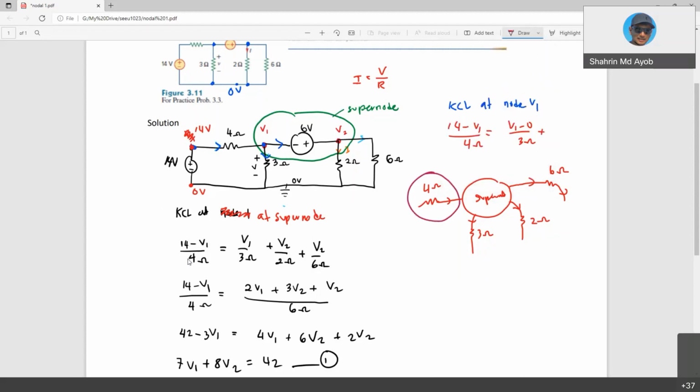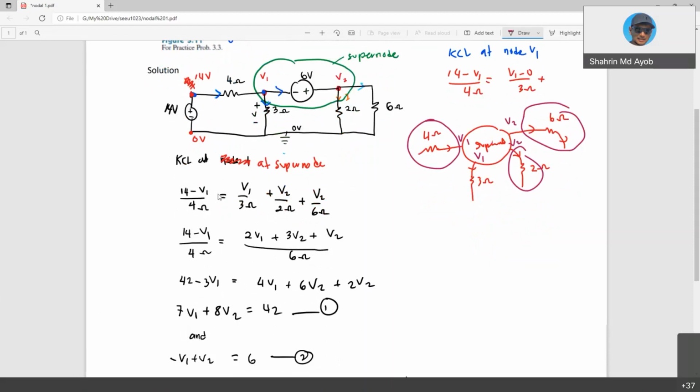And we have 3 branch currents that go out from the supernode, which are V1 over 3, V2 over 2 ohms, and another one V2 over 6 ohms. So this one is V2, V2, and this one is V1. Can you see? I hope you understand this one. This is a supernode.